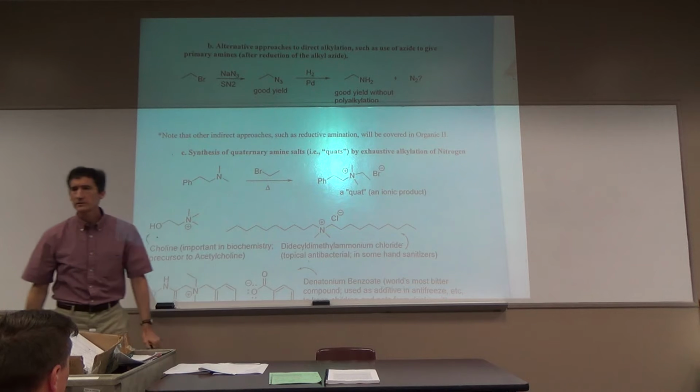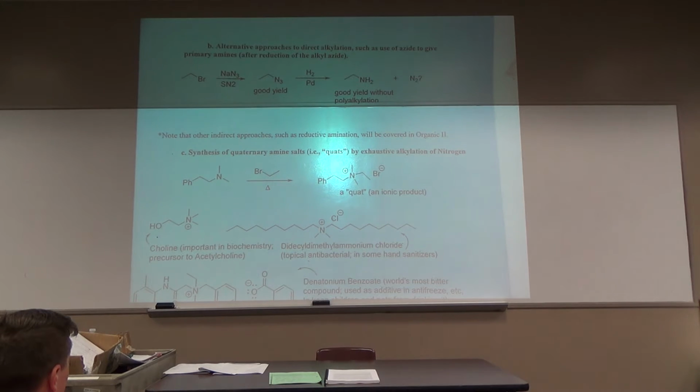Okay, with nitrogens we can introduce the idea of a quat, a quaternary ammonium compound. You ever heard of a quat? Some of you have antibacterial gel or liquids you carry around or you use. It's often just alcohol, but sometimes it contains a quat.